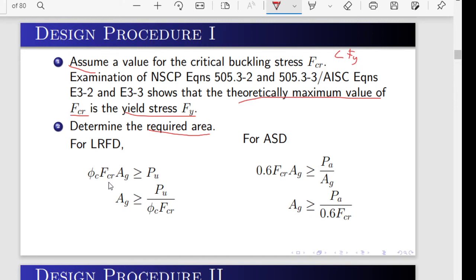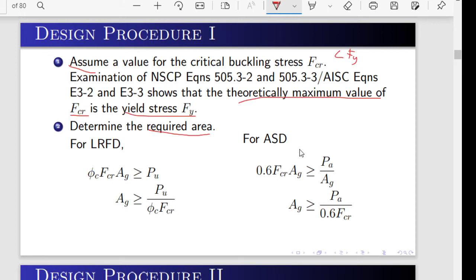This is the force, the critical stress times the gross sectional area. This is the resistance factor. So the required gross area is the applied load divided by the resistance factor times the critical buckling stress.